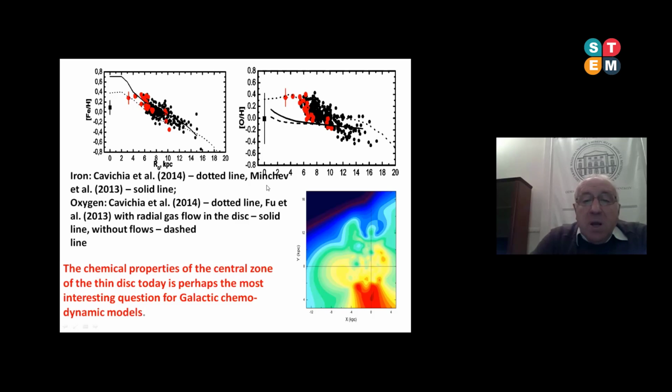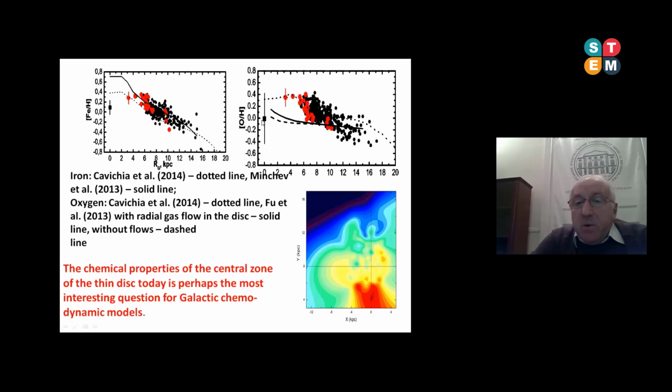Existing models, Kawata, Fu, Minchev, produced their theoretical distributions before we derived this abundance for the galactic center. But you see, none of the existing theories can explain the central abundances in our galaxy.